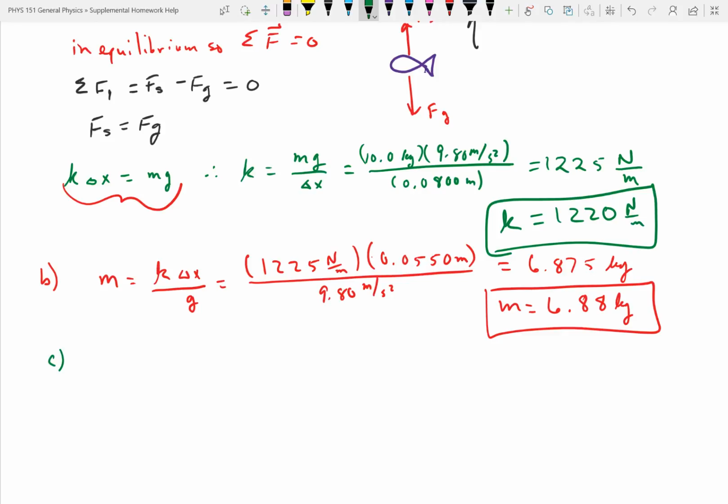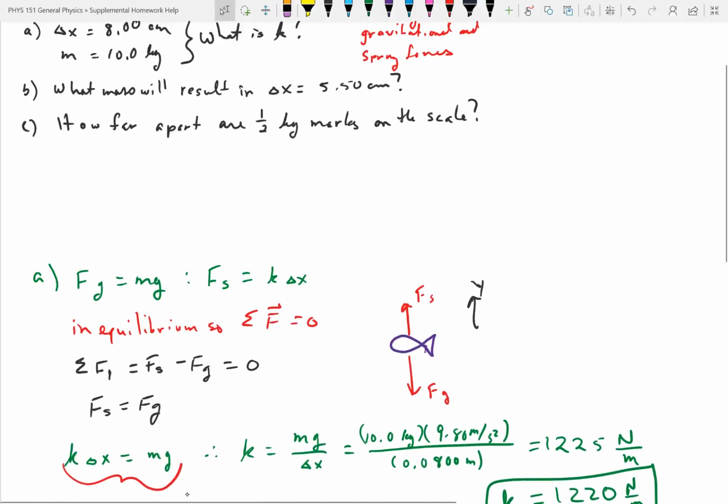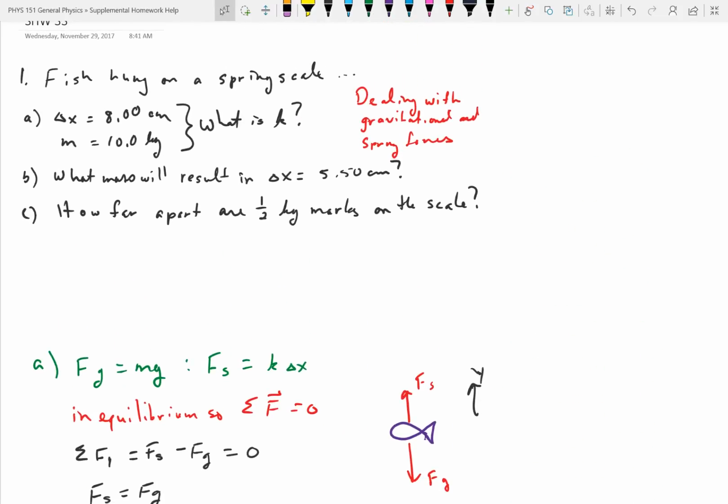A kilogram is, wait, okay, so 1,000 grams are equal to 1 kilogram. And if we took that, how far apart are the half kilogram marks? So then wouldn't that be equal to 500 grams? Half kilogram is 500 grams.